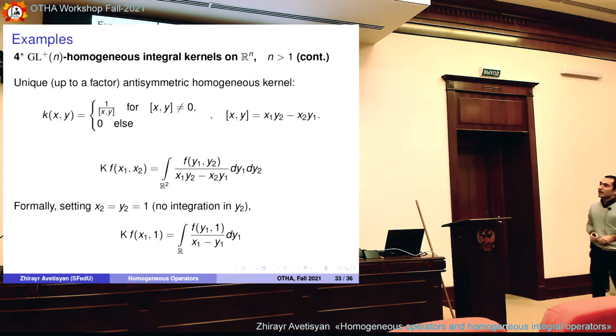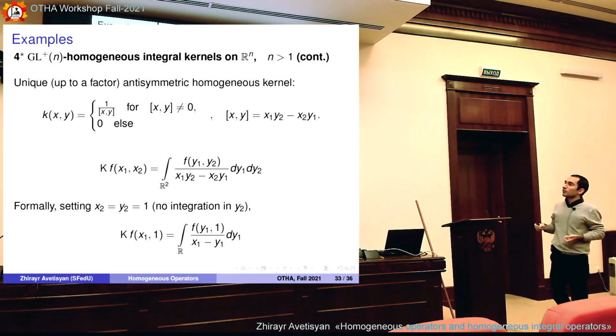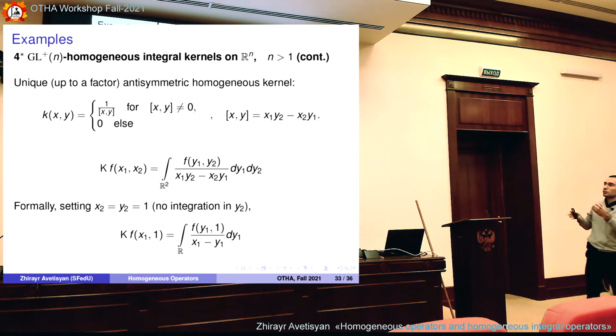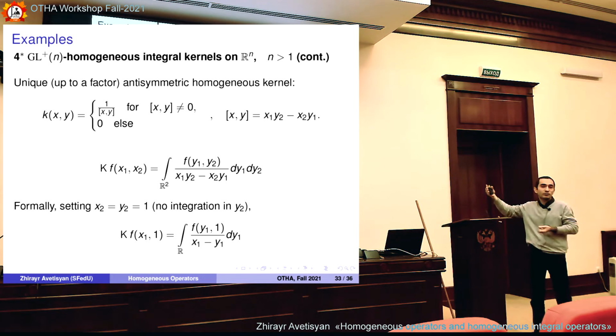And note that if very formally you restrict x2 to 1, and then in the integral you restrict y2, you accumulate the integral over y2 equals 1 in a sense, very formally, then you recover the Hilbert transform. So this is kind of a two-dimensional modification of the Hilbert transform, but unlike the Hilbert transform itself, which you just write, I don't know, does anyone know a good justification for the introduction of the Hilbert transform?